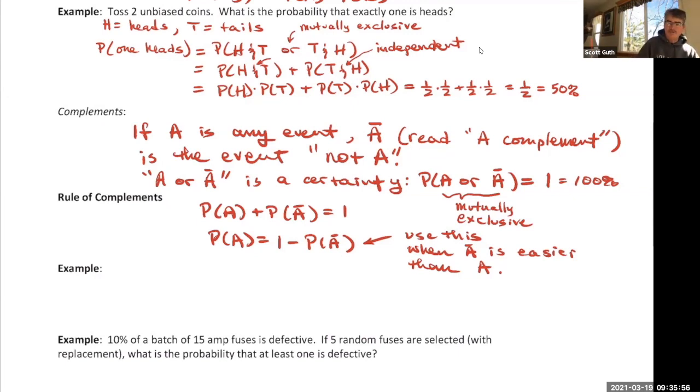Let me do first a simple example. Like I said, if A is it will rain today, and let's say the probability of A, I think I said, is 30%.